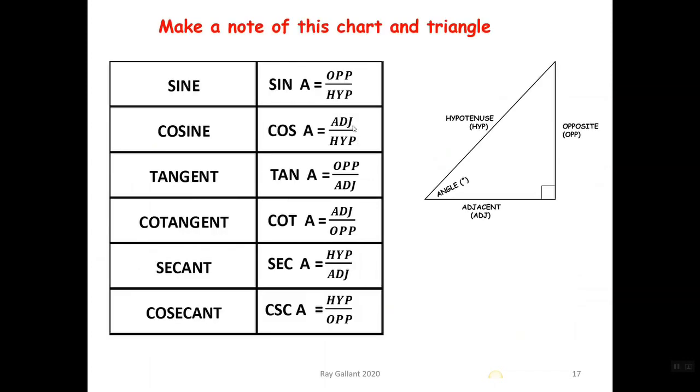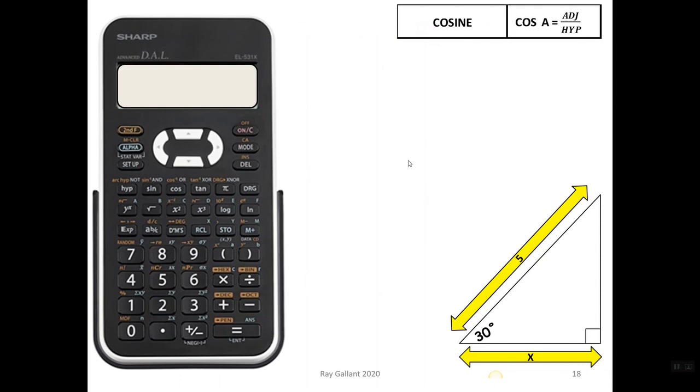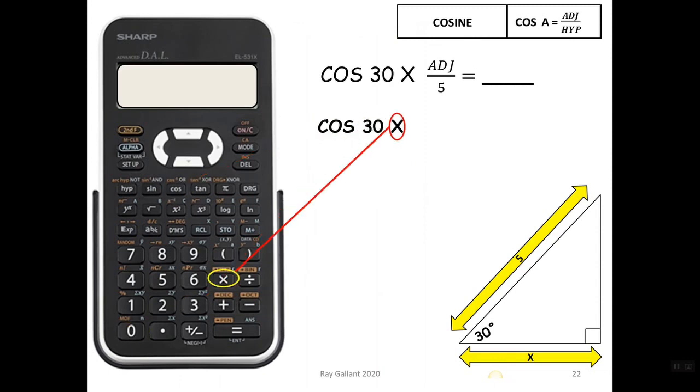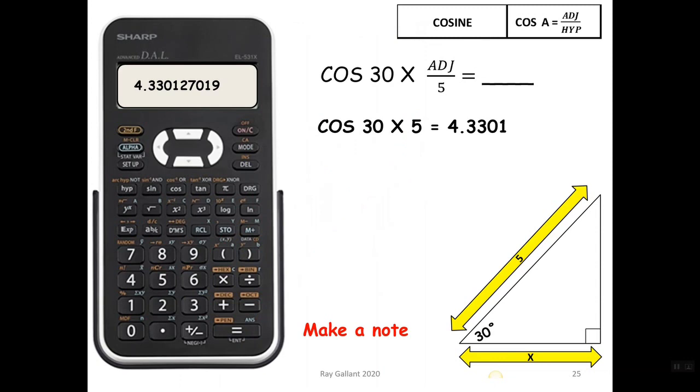So adjacent over hypotenuse is cosine. Okay, we pull out our calculator again. We're going to type in cos 30 times 5 equals 4.3301. Therefore, x equals 4.331.